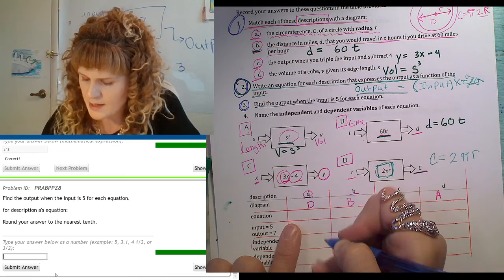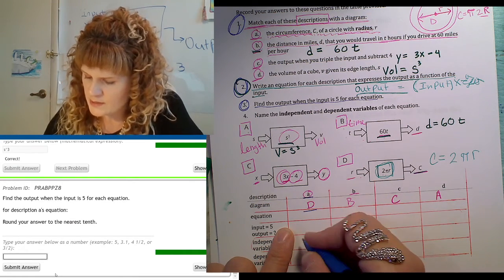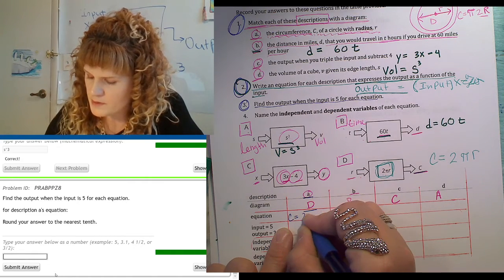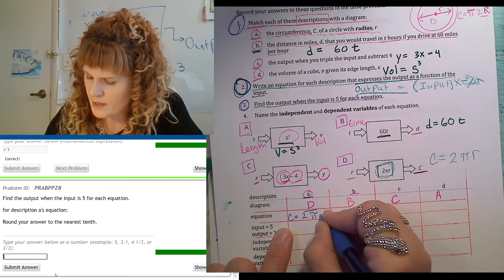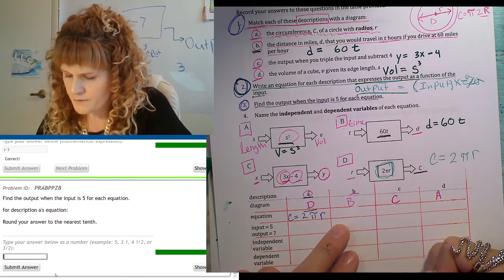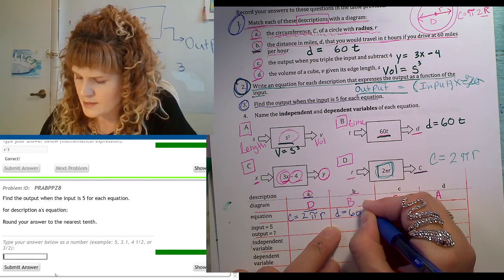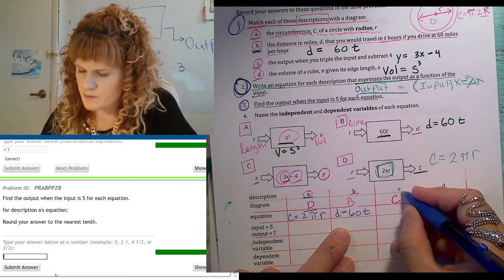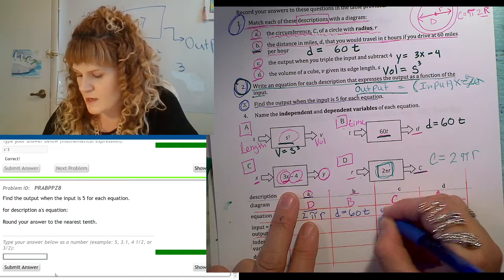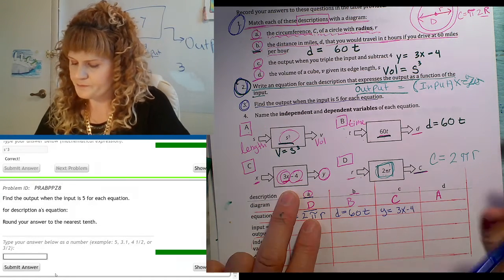So for description A, it was diagram D, and the equation is C equals 2 pi r. For description B, the equation is D equals 60t. For description C, the diagram is C, and the equation is y equals 3x minus 4.